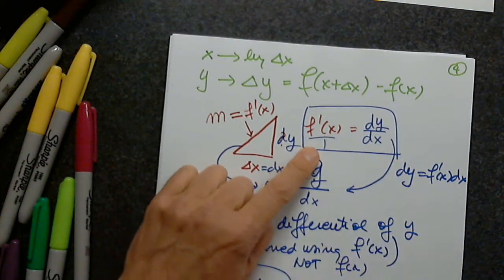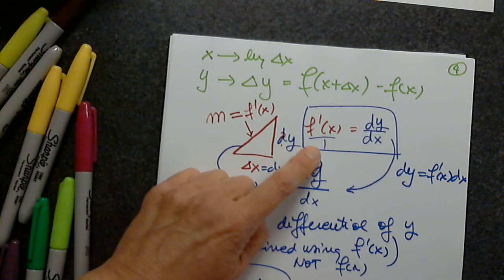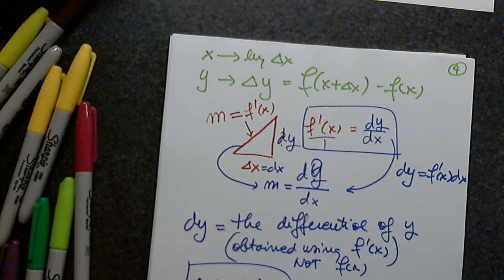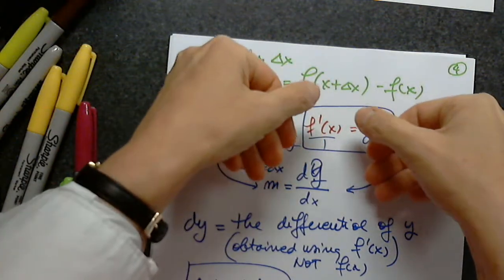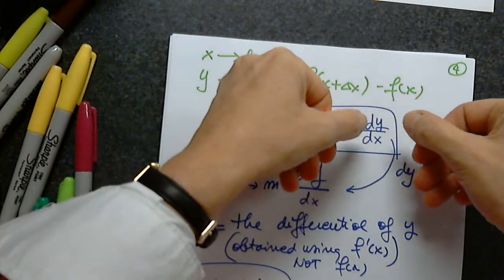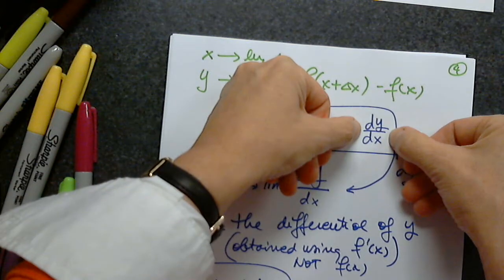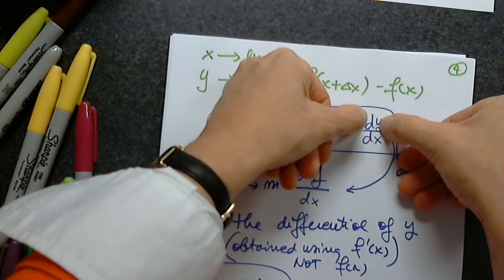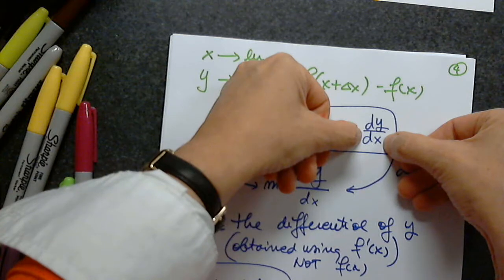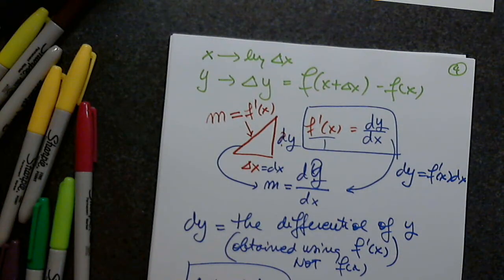Now you can ask, but you never told us that those two have different meanings. You only said that f prime of x is the derivative of y with respect to x. Now all of a sudden you give a meaning to the top and a totally different meaning to the bottom. We never thought about that before, right?